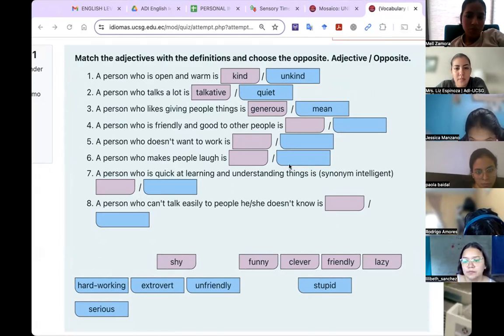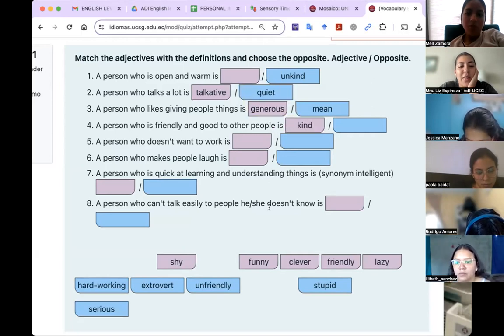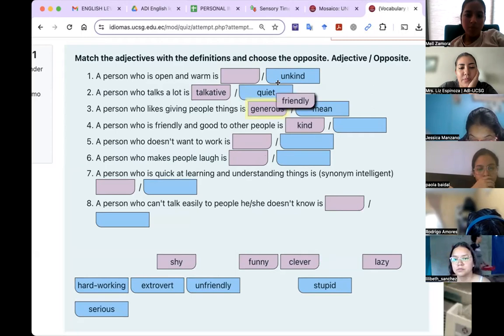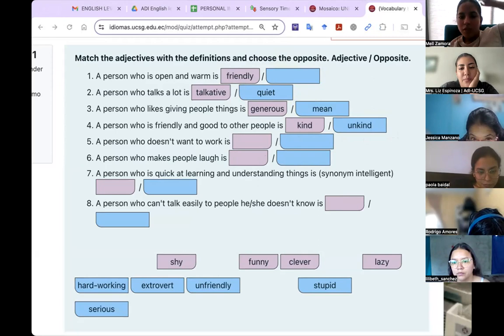Okay. You know what? Now that we mentioned this, I think in here we have kind, and in the first one we have friendly that you said. You said friendly in number one, right? Yes. Because this is a friendly person actually when you're kind and you're good to others. So that is to be kind.